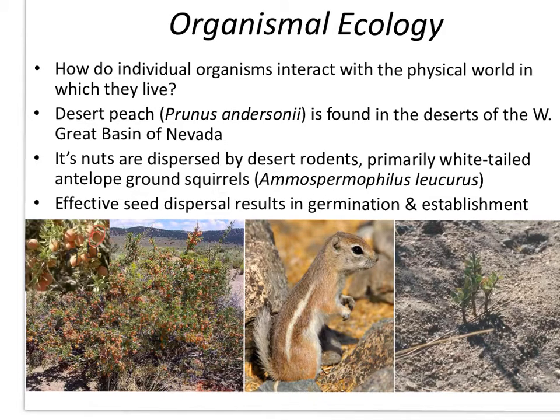And most almond-like species of this group, called Prunus, live in arid environments. And instead of relying on a frugivore to come along and eat the fruit and then poop it out somewhere else for seed dispersal, this plant actually relies on this little guy. And what this guy does is he caches food.